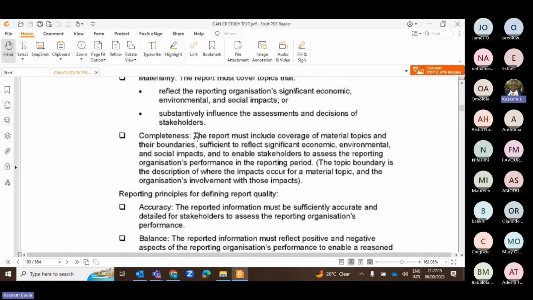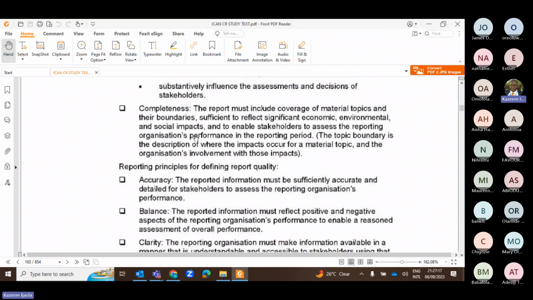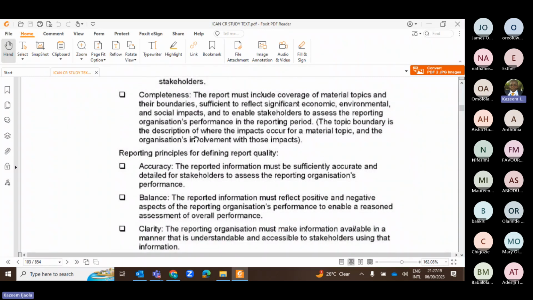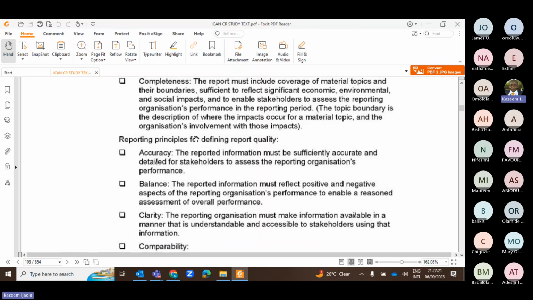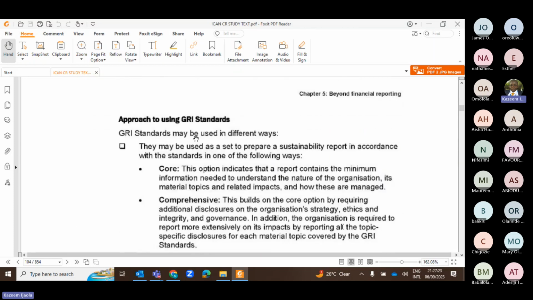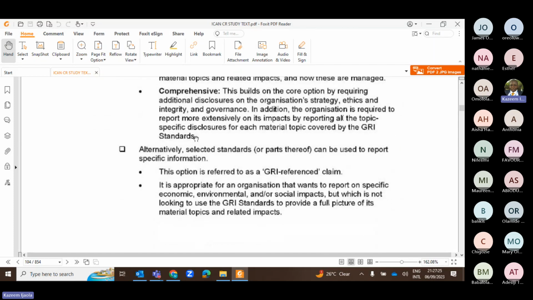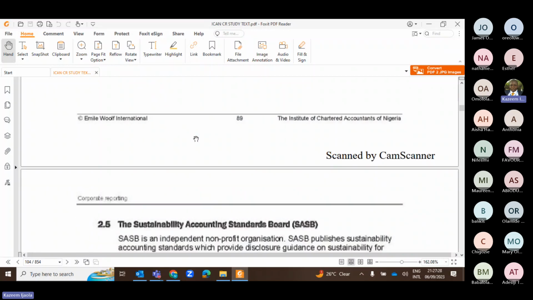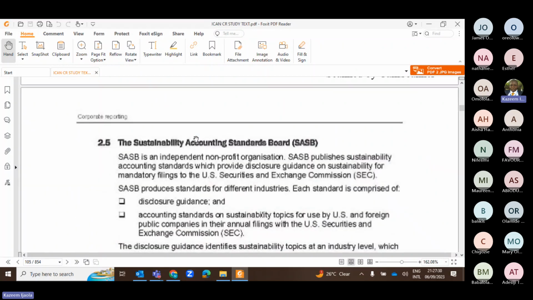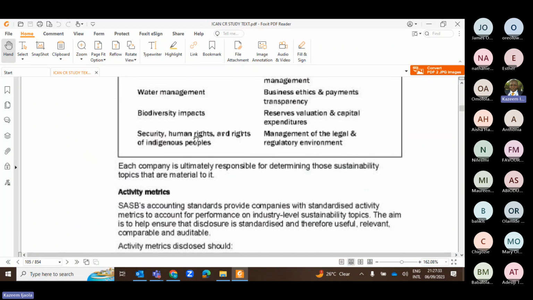The objective is just to ensure that an entity operates in a responsible manner. In the process of trying to generate their own revenue, they should not deplete future resources.